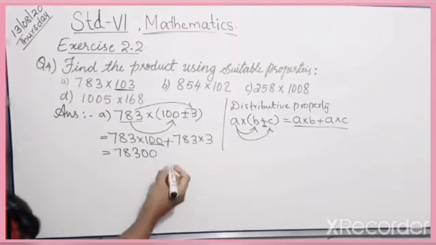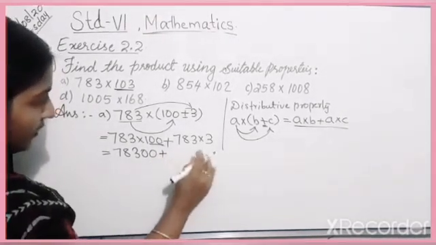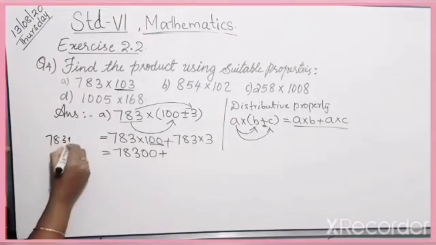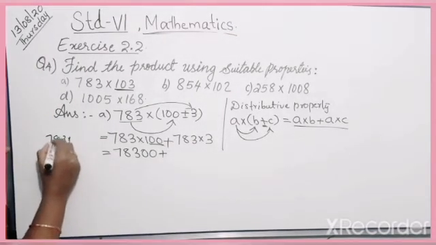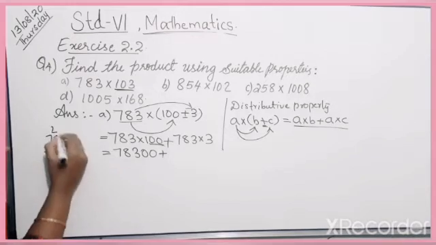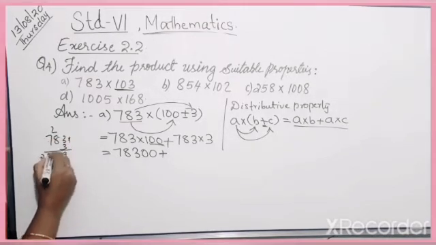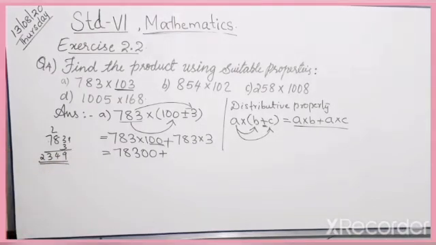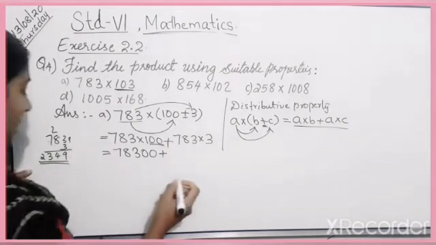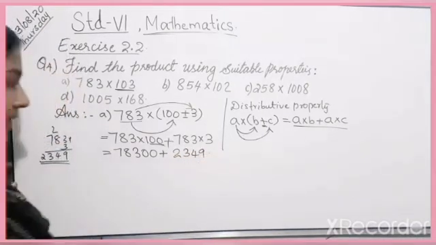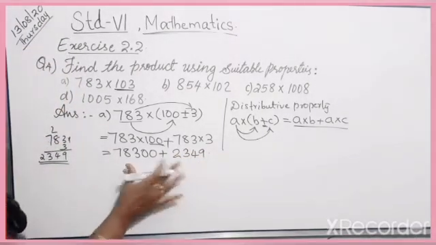So now let's multiply the next part also. 783 into 3. Let's do that. 783 into 3: 3 nines are 27, 3 eights are 24, 24 plus 2 is 26, and so on. Okay, so we got the number 2349. Okay children, so we got this much.